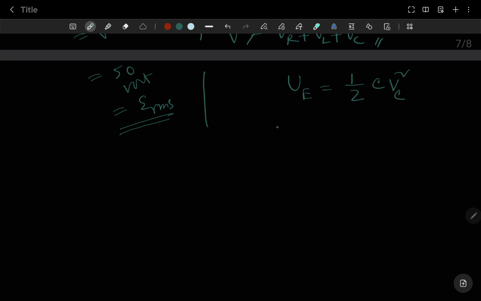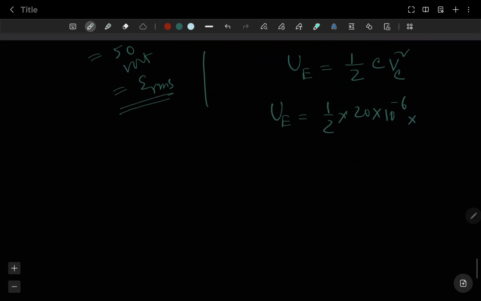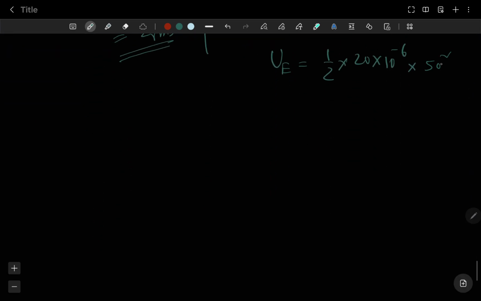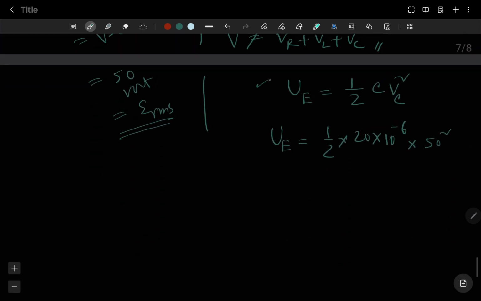So it is half C VC square, so half into 20 into 10 to the power minus 6 into VC is 50. All these values are RMS values, so this is also the RMS value. So it is 2500 into 10 to the power minus 5, that is 25 into 10 to the power minus 3 joule, 25 millijoule.